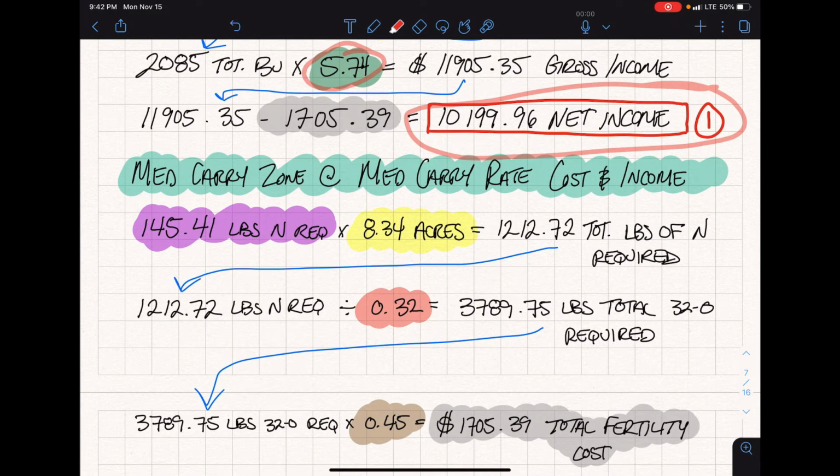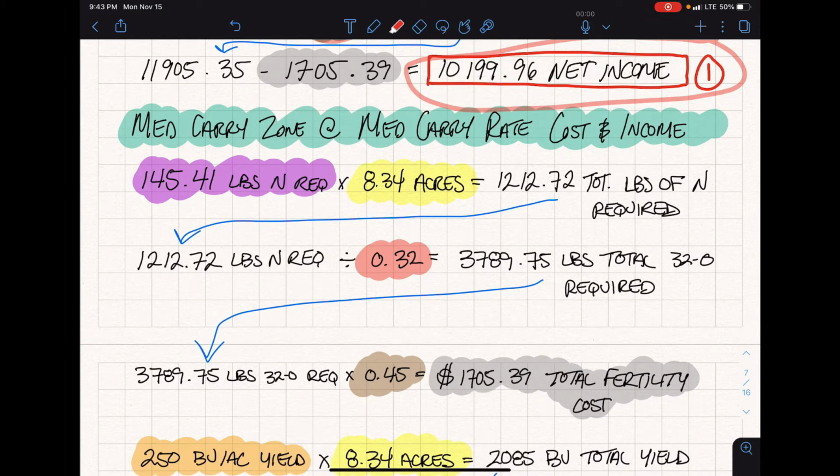As we keep continuing down, we'll have to calculate the medium carryover zone at our medium carryover rate. Because this is the same number that we designed to suffice for this rate, we will still meet our fertility goal. So we have our application required of 145.41 pounds of nitrogen across 8.34 acres, giving us a total requirement of 1,212.72 pounds of nitrogen that we will have to put across those 8.34 acres.